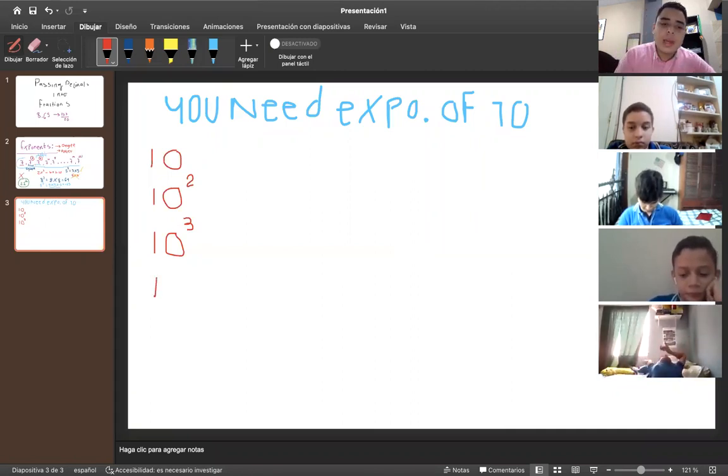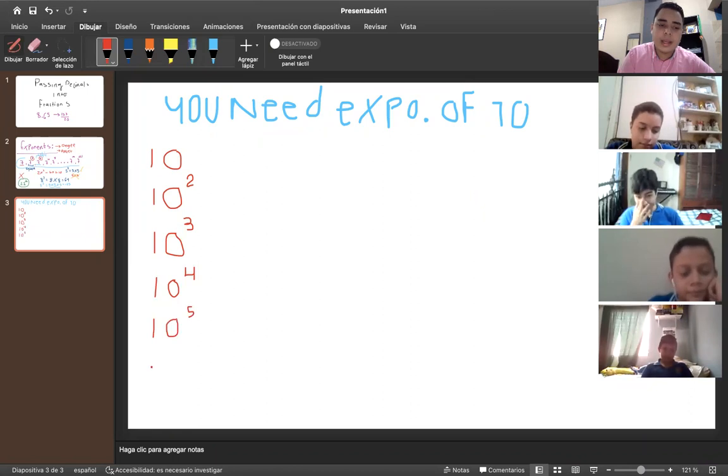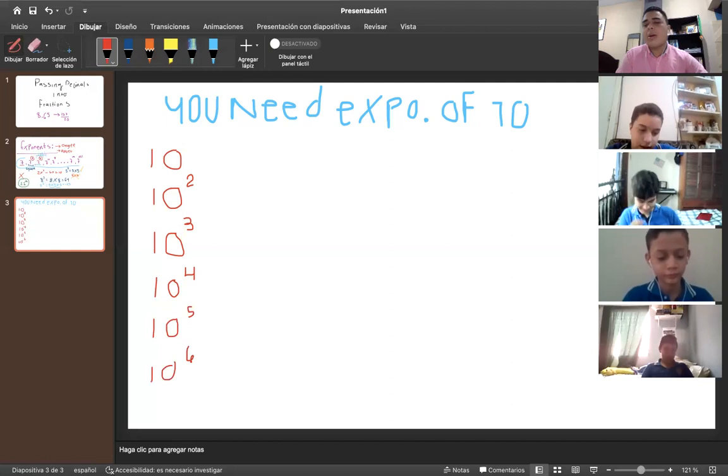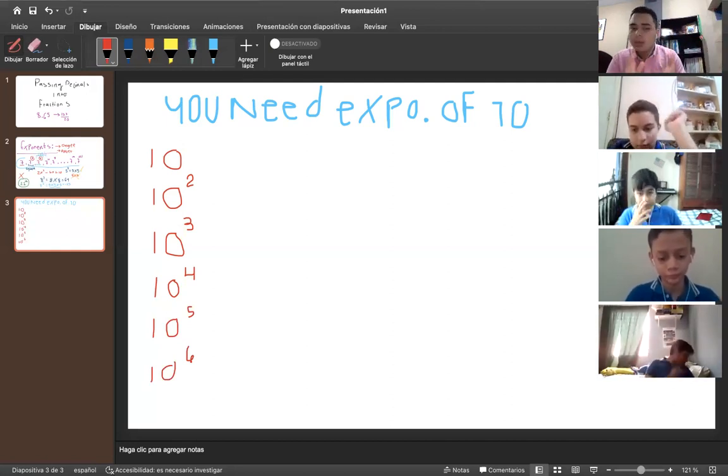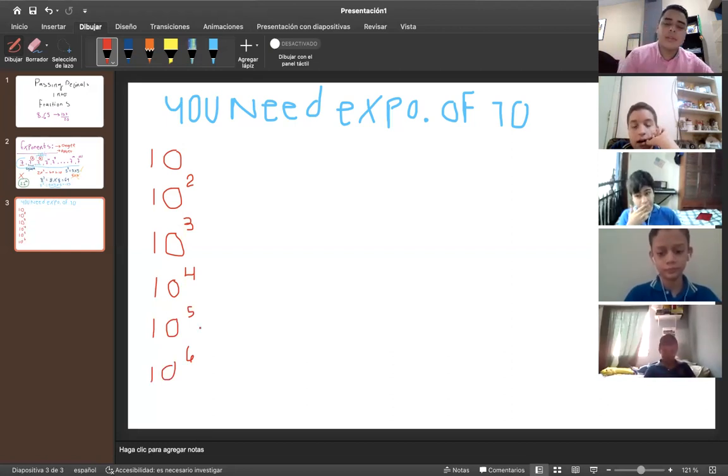Then we have 10 elevated at 4, 10 elevated at 5 and 10 elevated at 6, and you're going to have the rest of the numbers. But for this topic, we just need from 10 elevated at 1 through 10 elevated at 6.